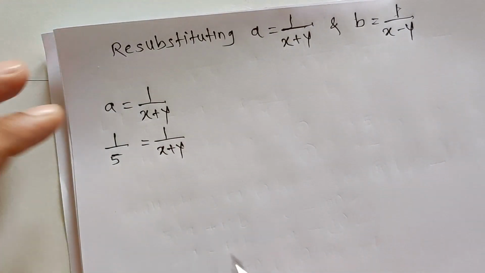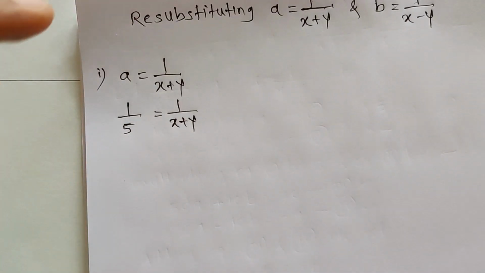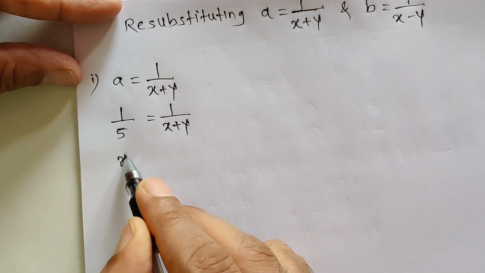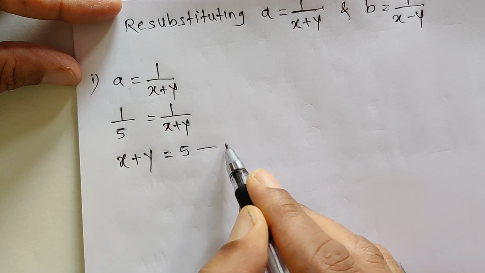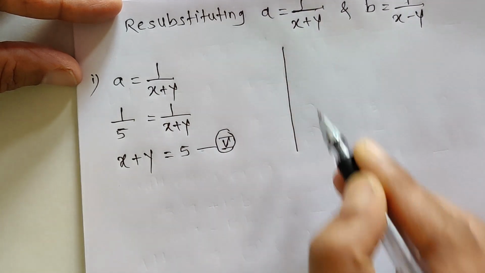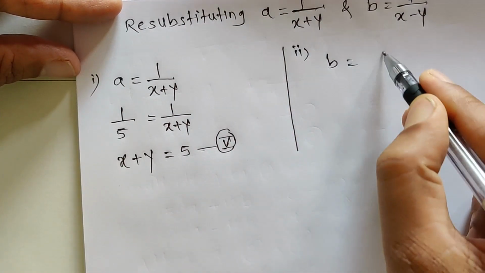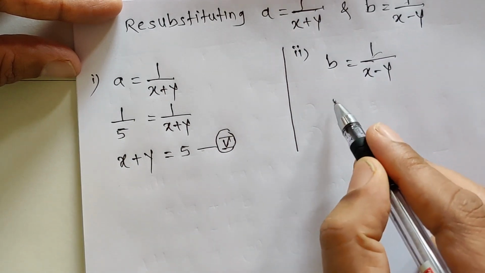So by cross multiplication, this is the first part of this equation. By cross multiplication we get one equation, x plus y is equal to 5. This is our equation number 5. Now second part, b is equal to 1 upon x minus y, but b is equal to 1.